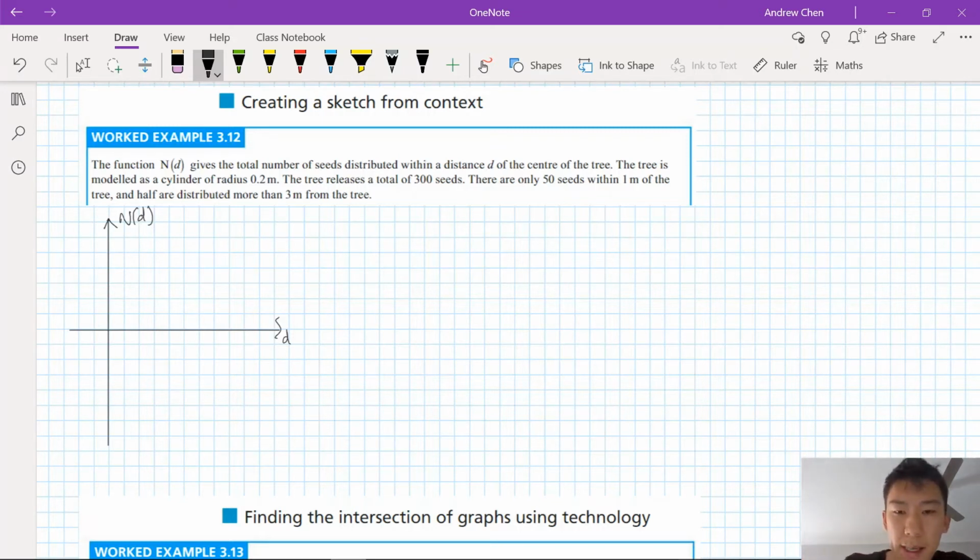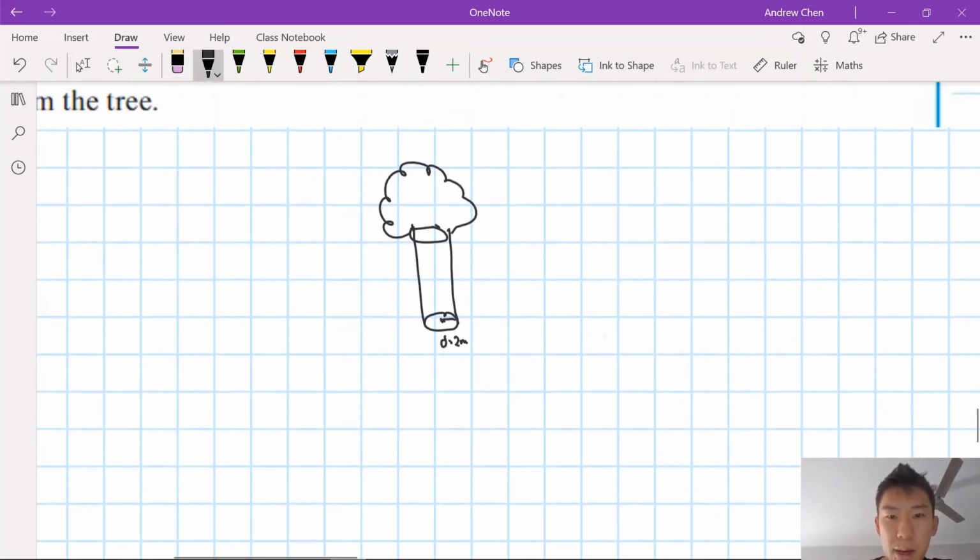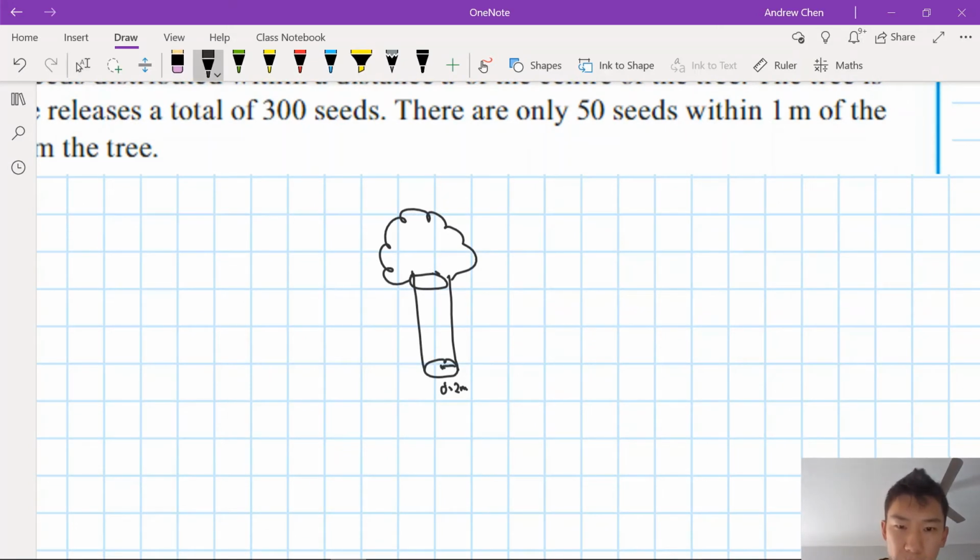So basically, if I try to draw this, there's my beautiful tree. It says the trunk is a cylinder, so let me do that. It says it's got a radius of 0.2 meters, and just imagine that seeds are going to fall from the tree onto the ground.